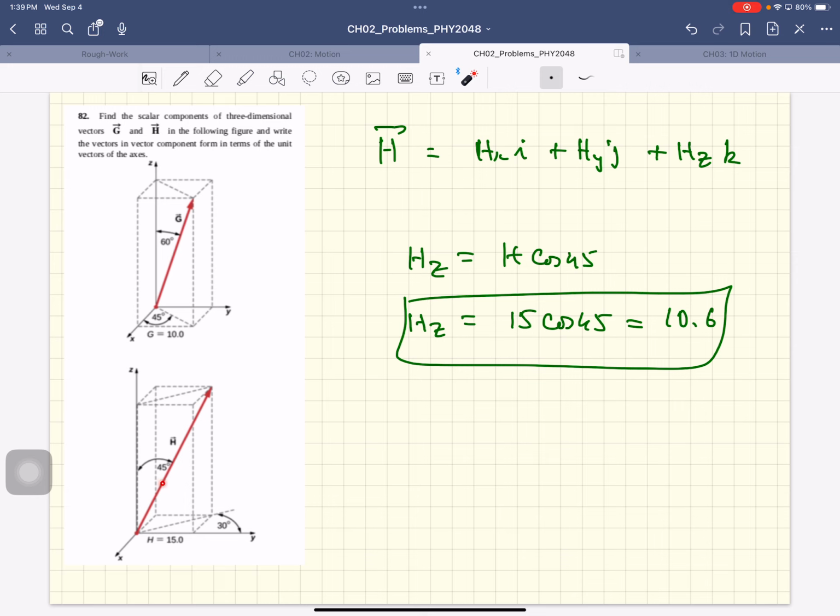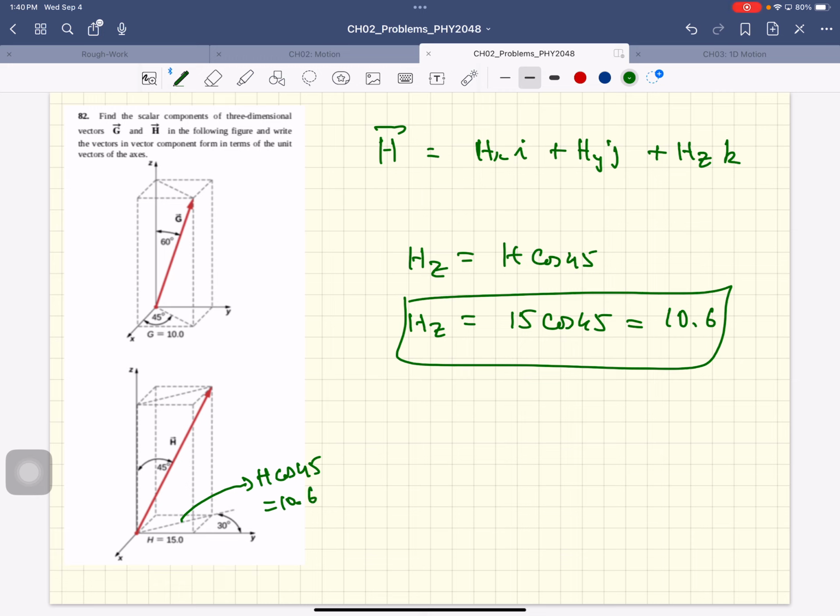Since that is 45 degrees, that is also 45 degrees. Here this angle is 45 degrees, that angle is 90 degrees, so that is 45 degrees. So this guy is also h cosine 45, which is 10.6.